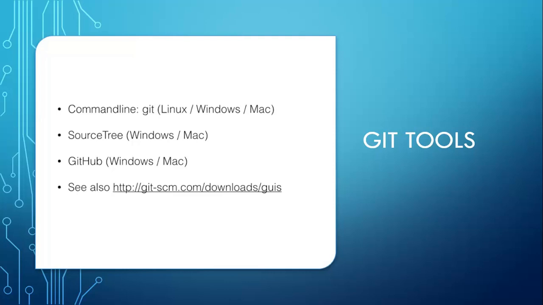Git is the command for getting details of the available commands. SourceTree is also a client tool for Git, and GitHub is a GUI tool. You will get more detail in this demo.